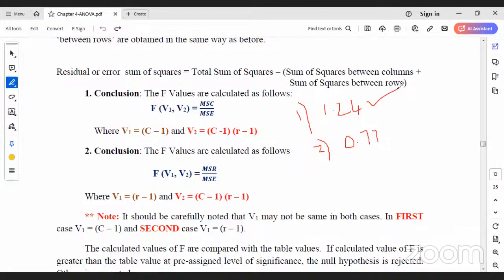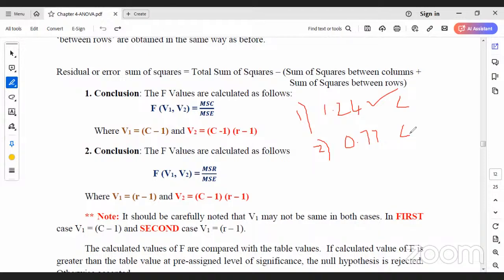So the first value is compared with the critical value or table value. We got less than, and again we got less than in the second case also. If this type of situation is there, it means you have to write only one conclusion like this. From the above, it is observed that the calculated values in both situations are less than the critical values. Hence, the null hypothesis is accepted. There is no significant difference between the samples.